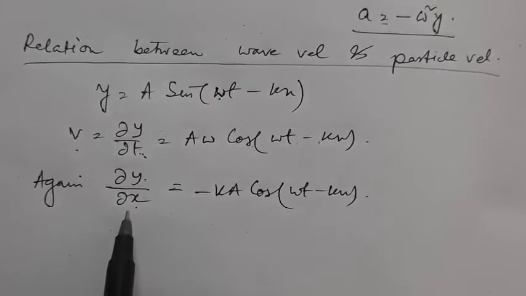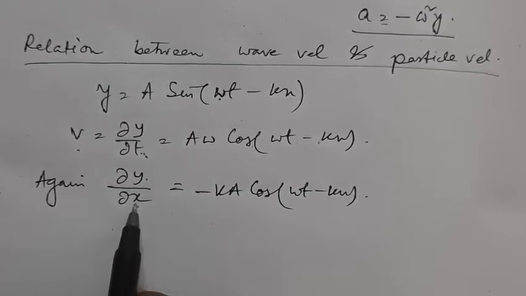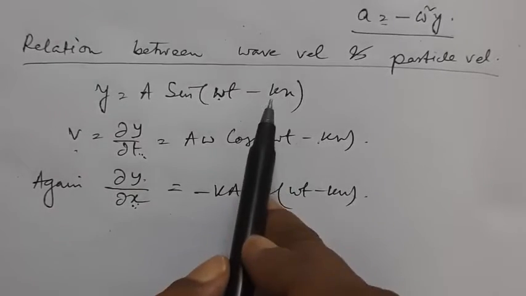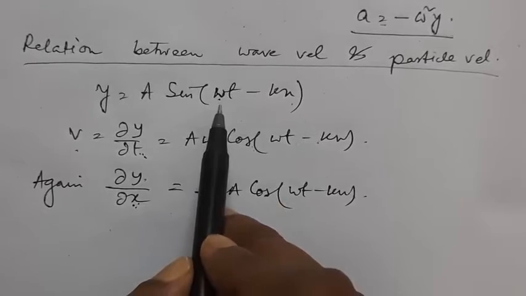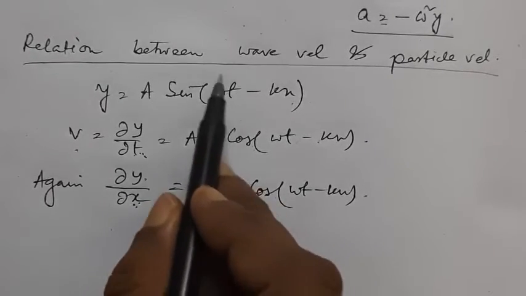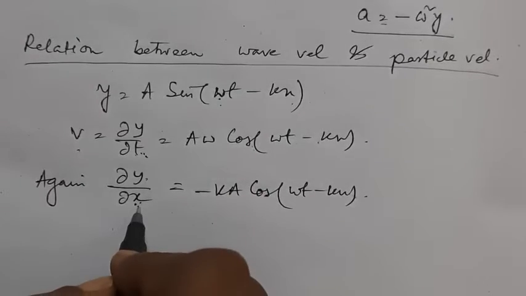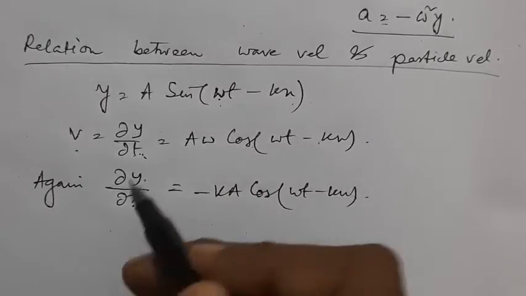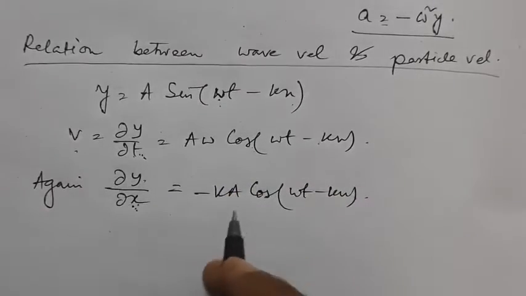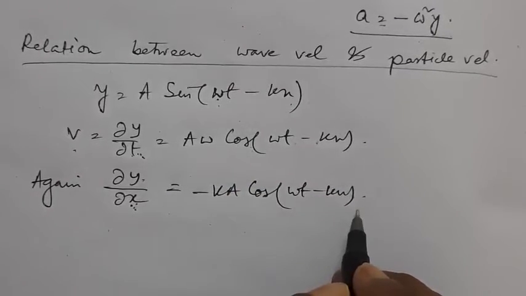As this is partial differentiation, we have to take into consideration the term which is related to x, that is kx, and not omega t. Before, it was with respect to t, so we took that term into account, but here it is the derivative with respect to x, so we have taken into account the term related to x.